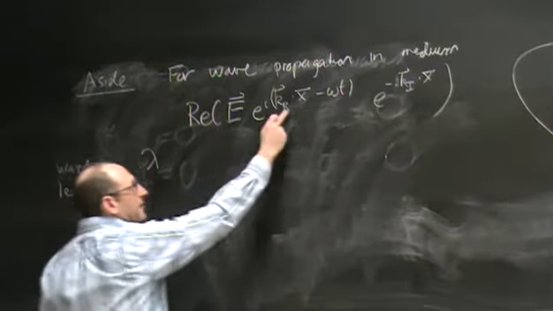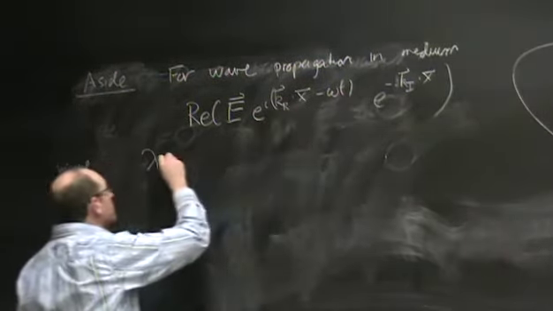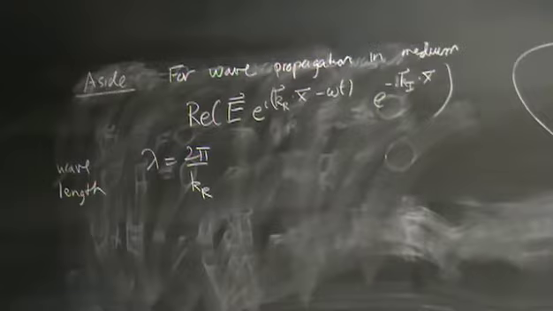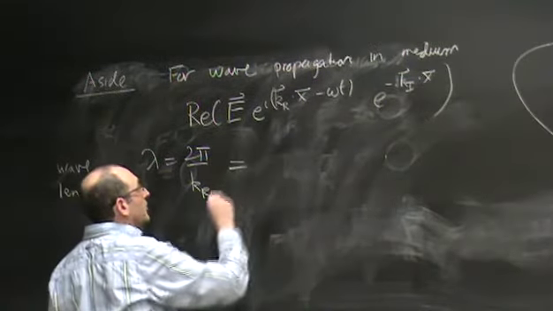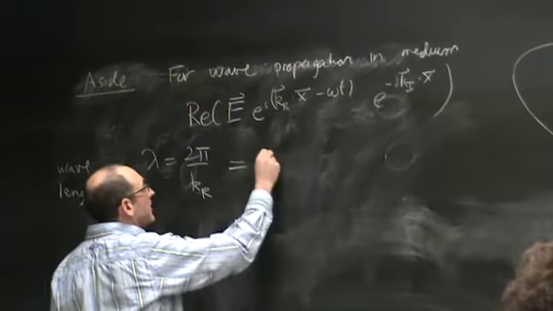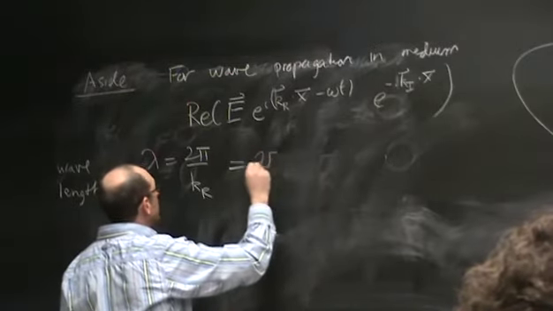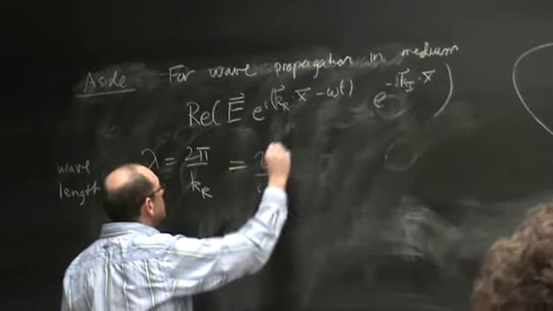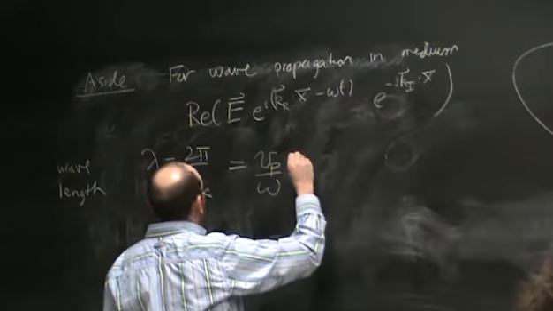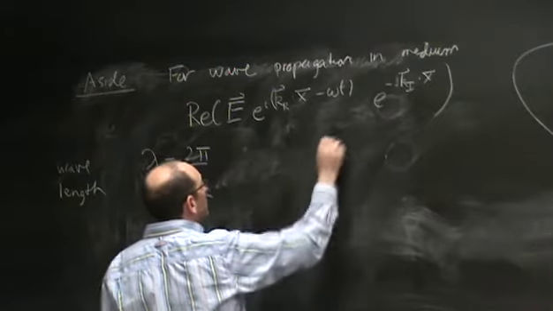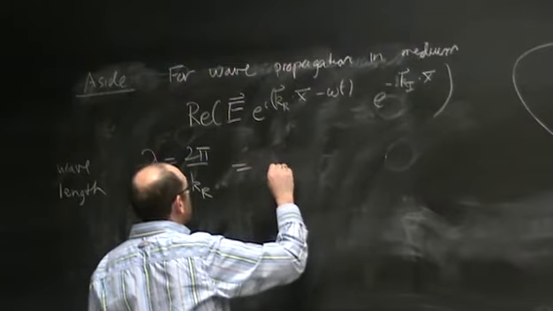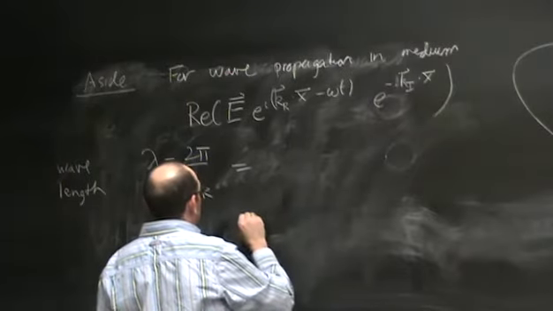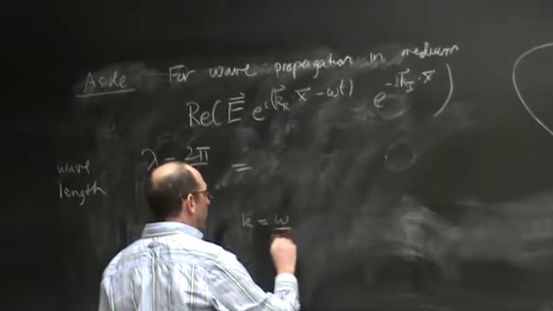Well, the wavelength depends on the period inside the medium. It's 2 pi over the real part of k, which is equal to the phase velocity over omega, times 2 pi. What am I saying? Yeah, k is equal to omega over the phase velocity, right?